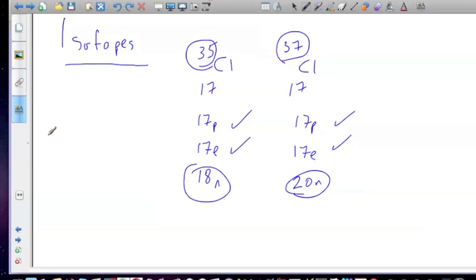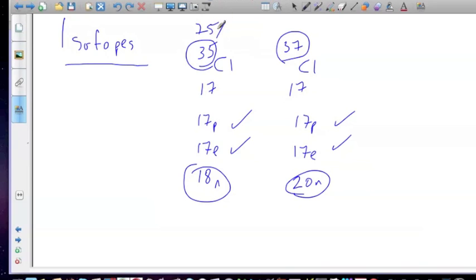So the relative atomic mass is the average, based on the abundance of these isotopes in the world. Using a nice funky machine called a mass spectrometer, you could actually find out the ratios of these.